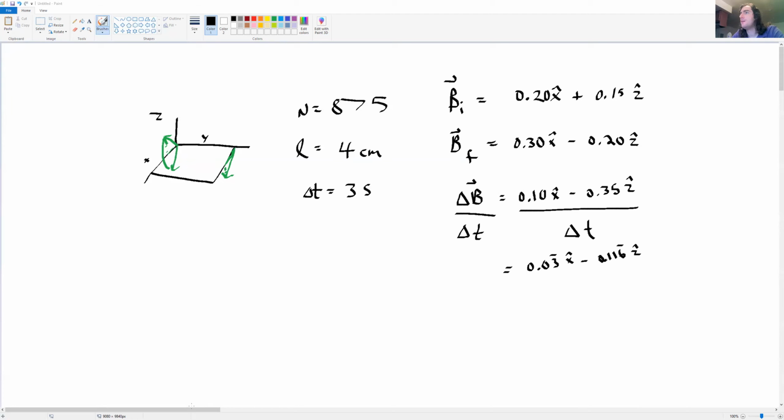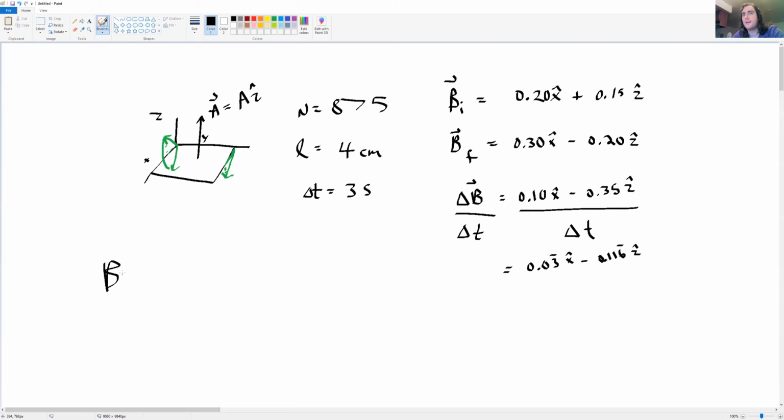Find the magnitude of the induced EMF in the coil at t equals 2 seconds. In that case, we know the area vector is in the z direction, or we can take it to be in the z direction, so it's equal to A times z hat.